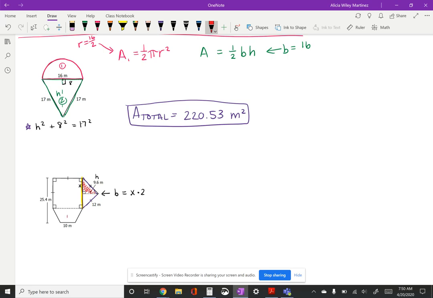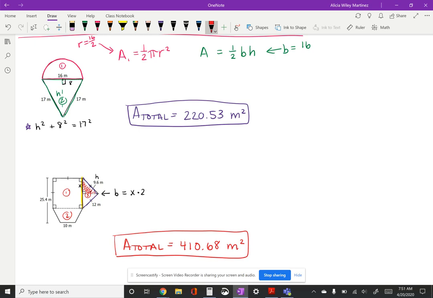It doesn't really matter, region 1 could be this, region 2, then region 3, right? And then adding those all together, this is a good one to try on your own. You're going to get 410.68 meters squared. So give that one a try on your own and see if you can get it.